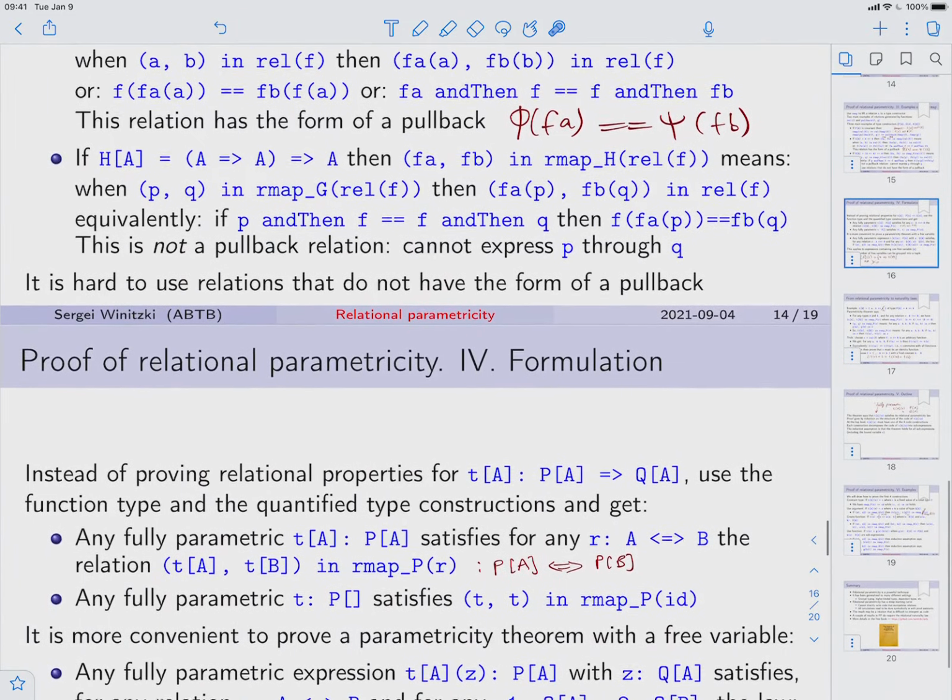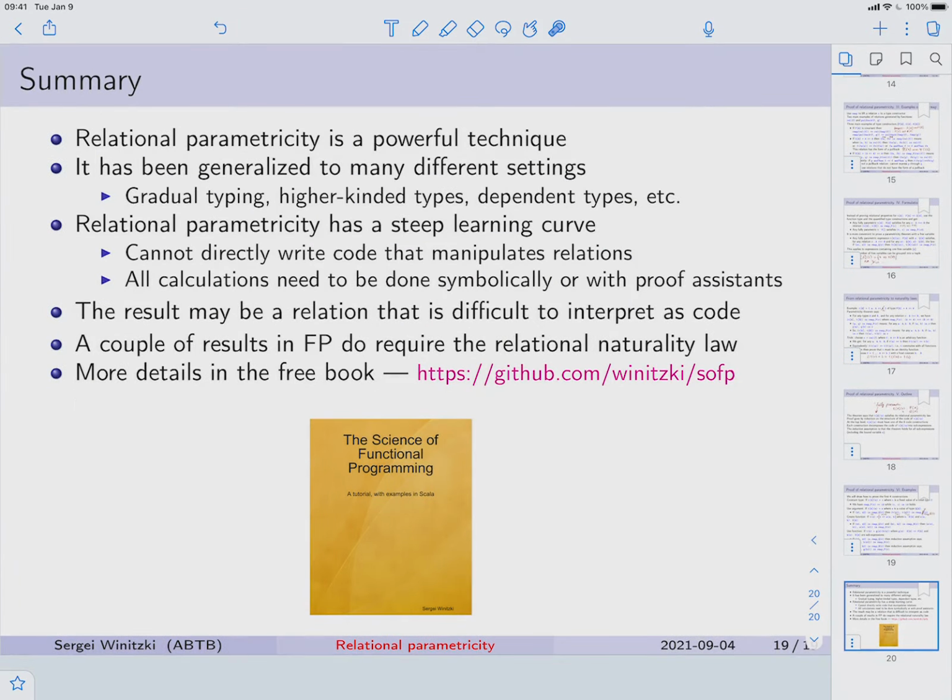I'm just going to conclude now that relational parametricity is a powerful technique that allows us to go around the difficulty that we cannot lift functions to type constructors that are not covariant, but we can lift relations to type constructors that are not covariant.